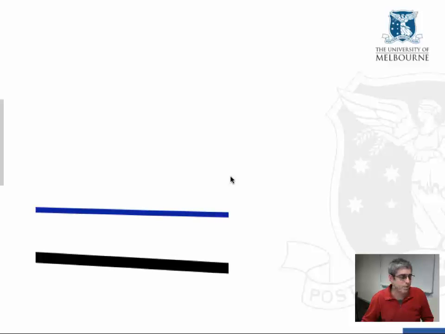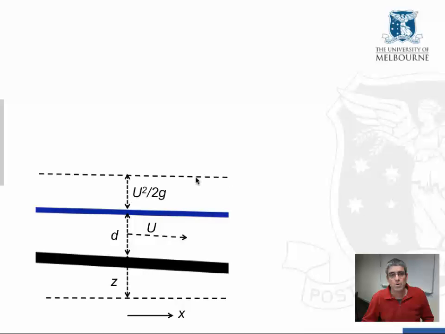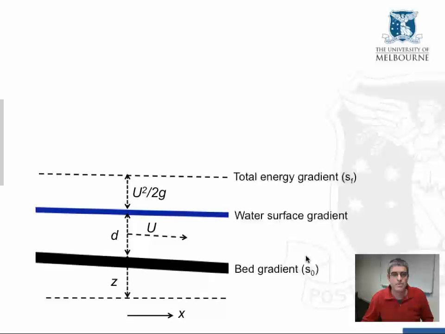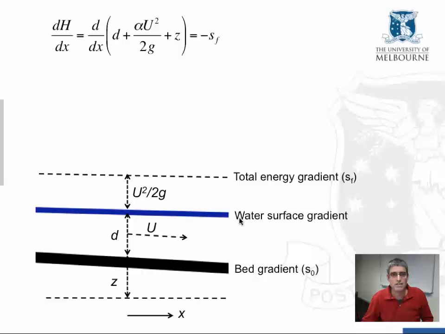So let's think about this firstly mathematically. How do we model this situation of gradually varied flow? How do we model the water surface profile? Well, let's add in the energy terms. We're going to use conservation of energy to do this. We have the depth term and the velocity term, and the three gradients: the bed gradient, the water surface gradient, and the total energy gradient.